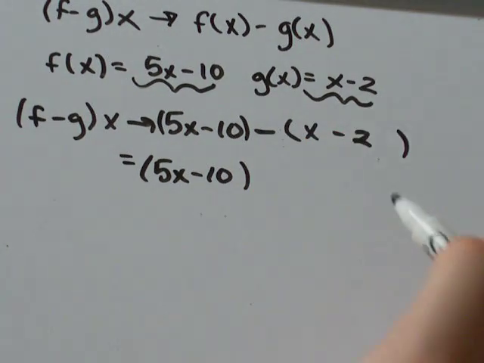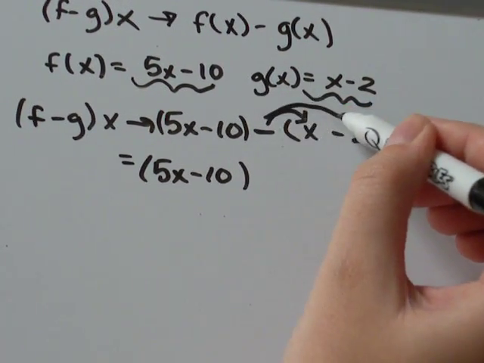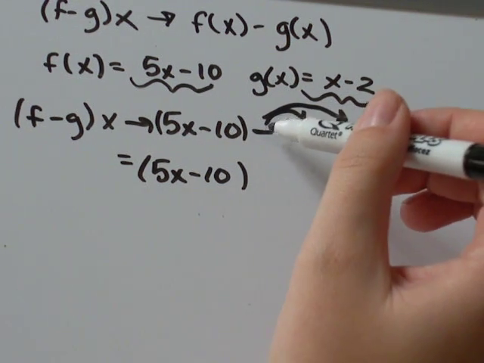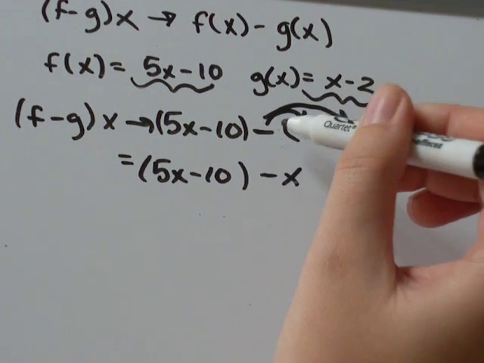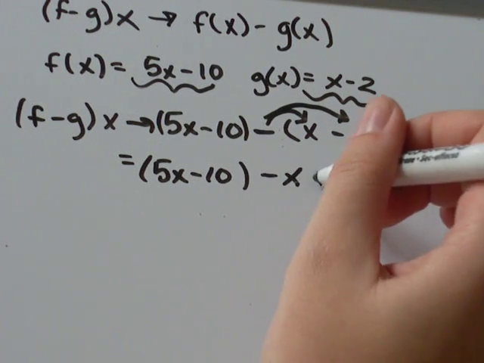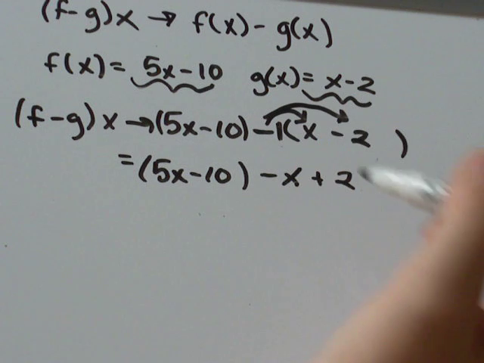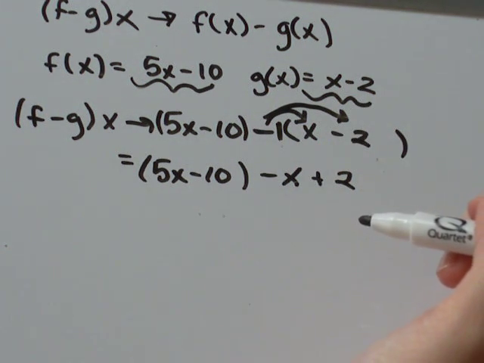So I've got my negative sign in here, so I need to distribute that into everything inside my second set of brackets. Negative 1 times x would just be negative x. Negative 1 times negative 2 would just be positive 2. So remember, if you see a negative sign by itself, there's an imaginary 1 that goes just before the brackets.